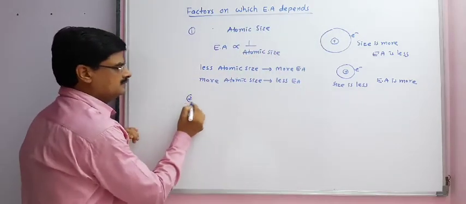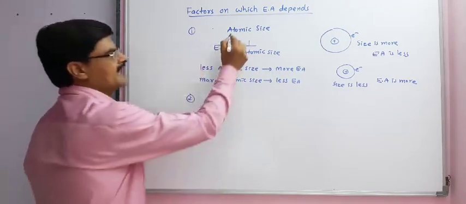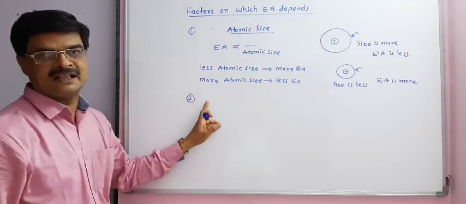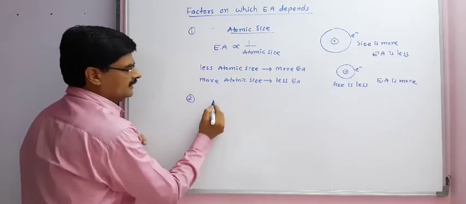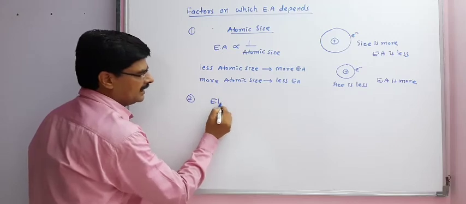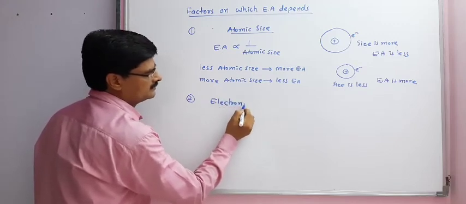Second point, first point is atomic size. Now understand second point. Second point we can take electronic configuration.